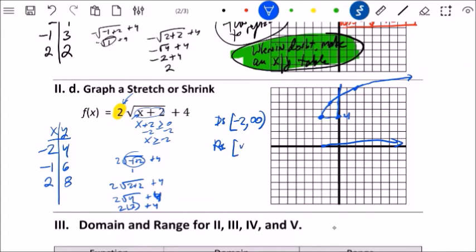So the range is going to be starting at 4 and going to infinity. So it's y greater than or equal to 4 is what I would put if I were not writing the interval notation. That's the range. That's the domain.